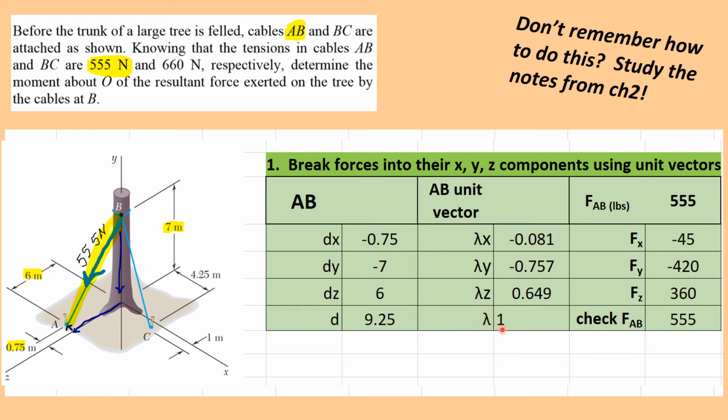And our unit vector has a length of 1. We then take our unit vector and use that to split our force apart. So 555 times 0.081, there's our x component. 555 times 0.75, there's our y component and our z component. And you can check to make sure x squared, y squared, z squared gives you back that original force at the end of it.